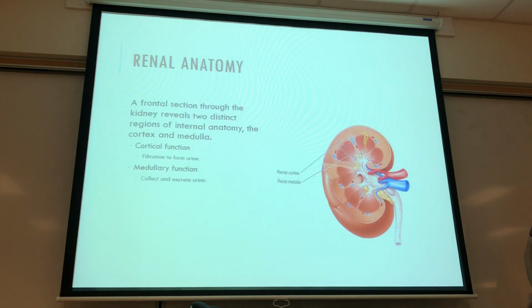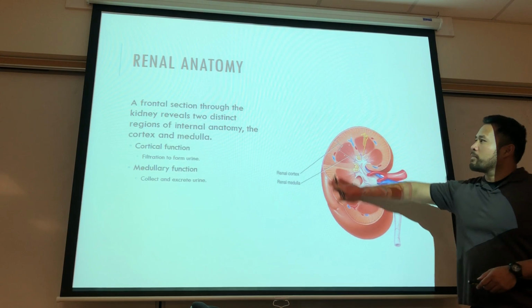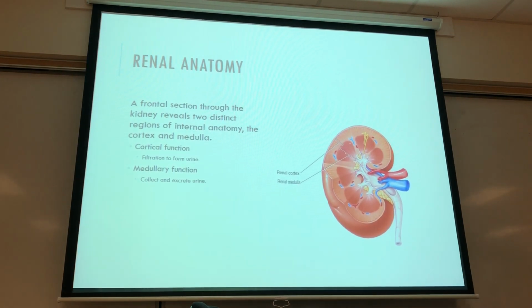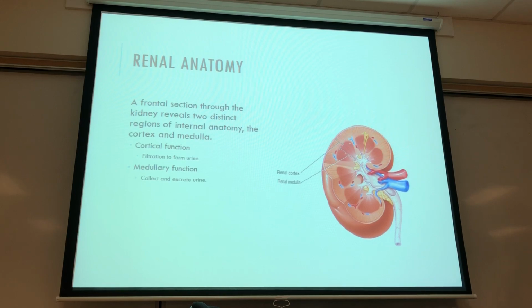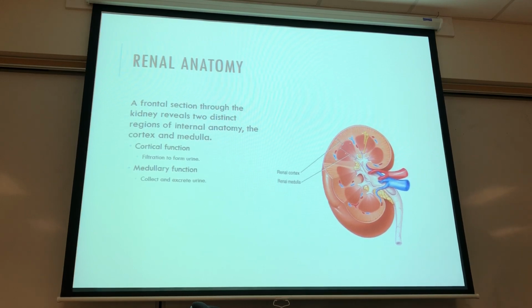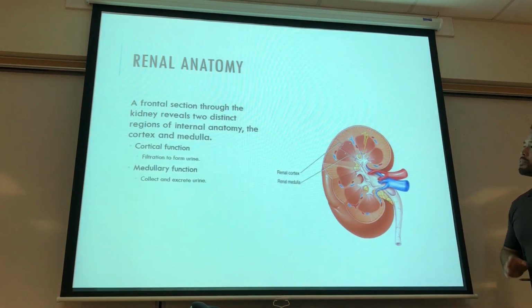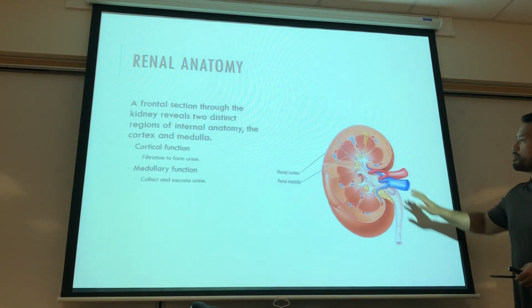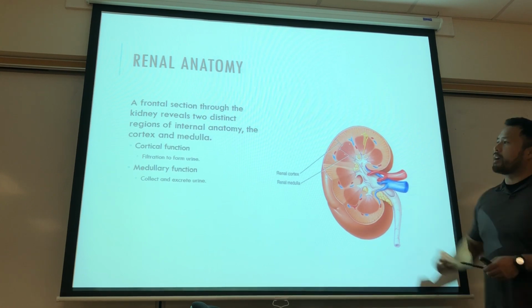So looking at the kidney, here you can see the kidney. We've taken a frontal slice, and what's prevalent in this particular slice is that you can see two distinct layers. You'll see the renal cortex, which is the outer layer, and then you'll see the renal medulla, which is the inner layer.